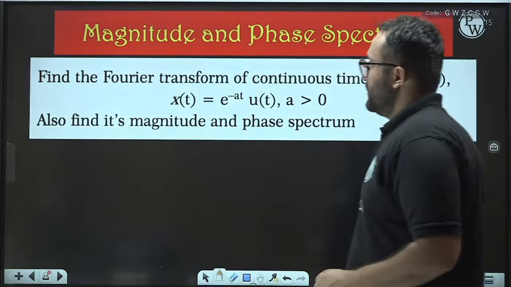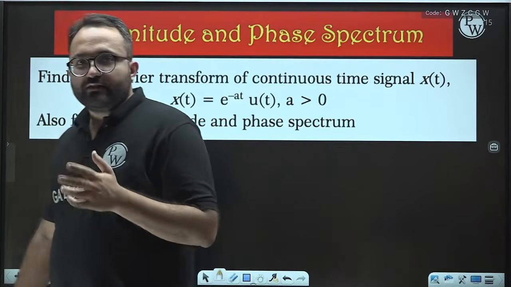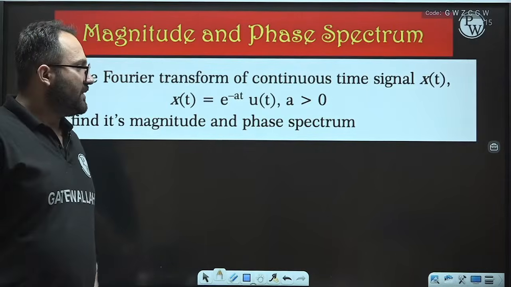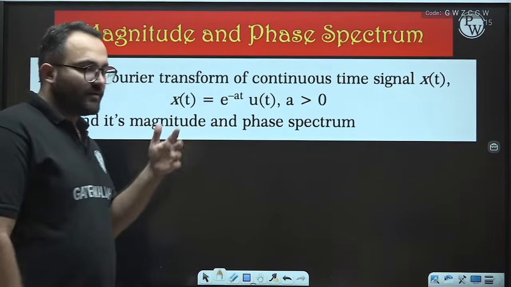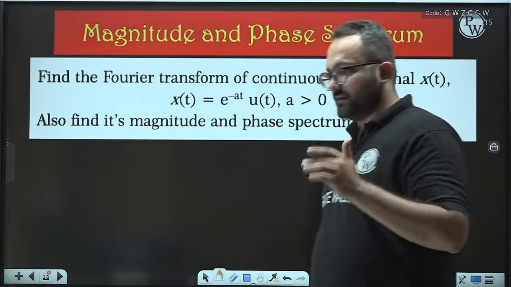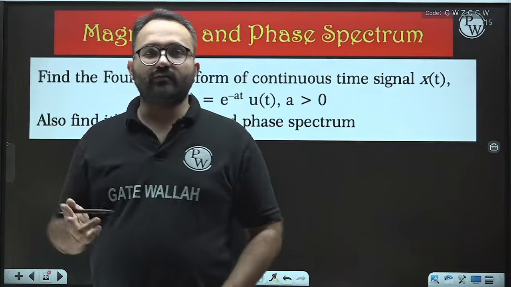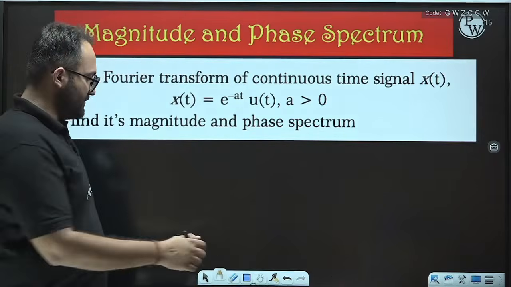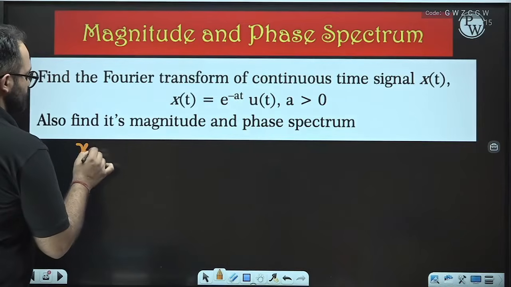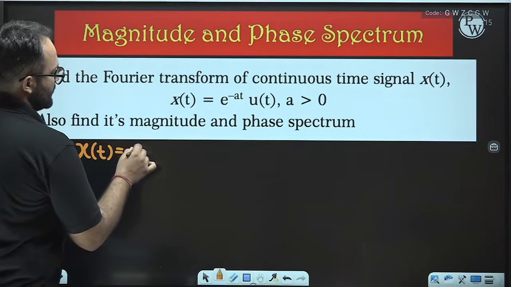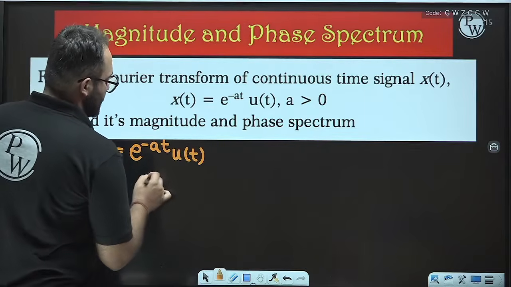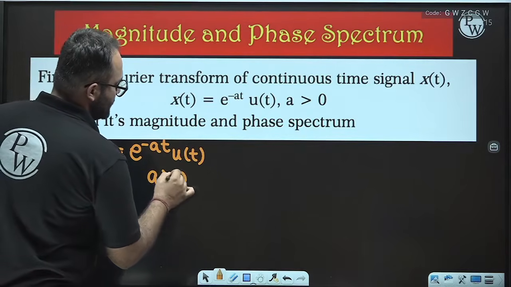Now, for example, we have any signal xt. xt has x omega Fourier transform, but x omega also has two things, that is magnitude spectrum and phase spectrum. So there are three things: frequency spectrum, magnitude spectrum, and phase spectrum. If xt is e to power minus at ut, it is given that a is greater than 0.